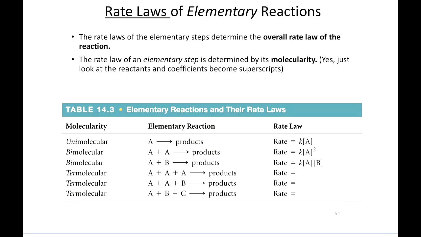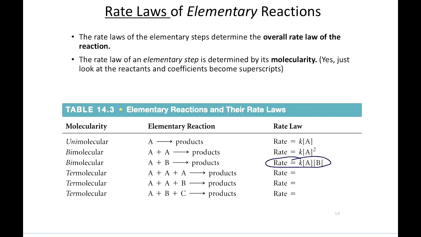So the rate law for that elementary step is the rate equals k, the rate constant, times the concentration of A and B. So when you look at the overall order of this rate law for this third line here, what's the overall order? 2, because 1 plus 1 is 2. So see how that's all coming together. I told you weren't allowed to use coefficients as orders, but you are allowed to in elementary steps.